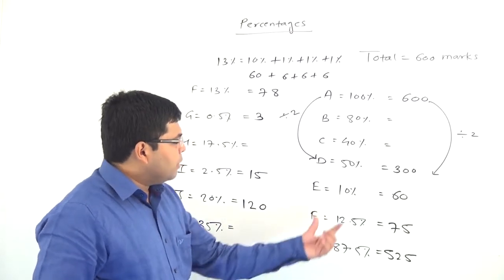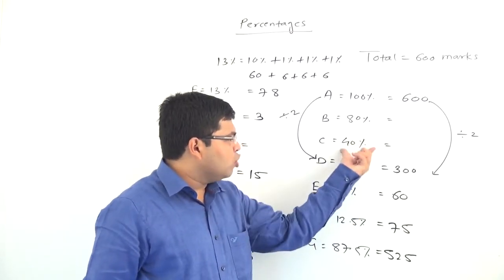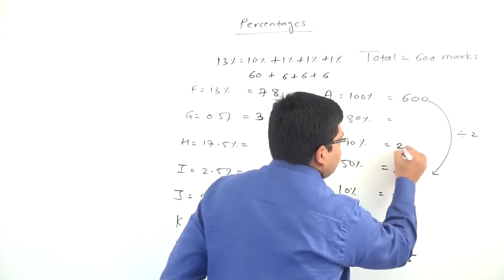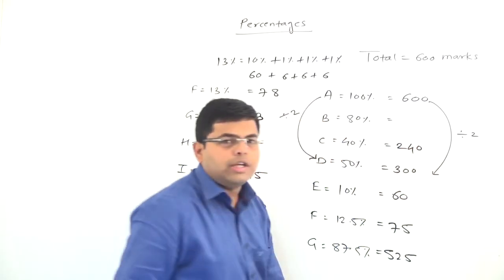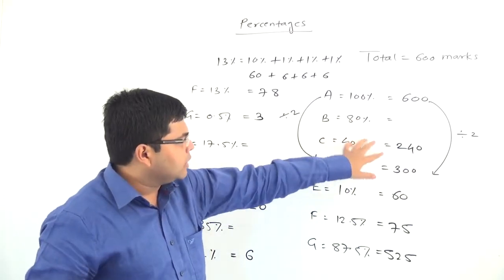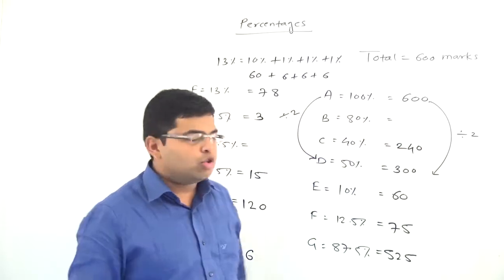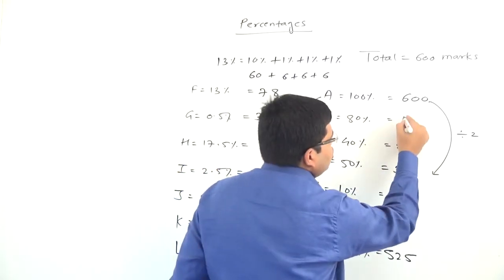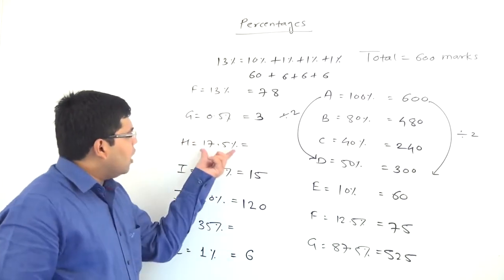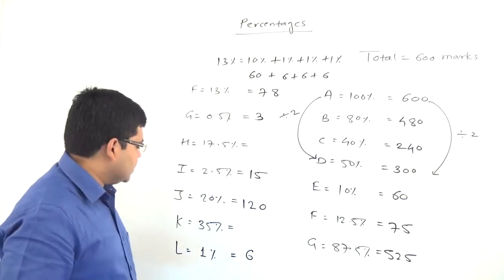Similarly, you multiply 10% by 4, you will get the value of 40%. So 60 multiplied by 4 will come out to be equal to 240, and you double 40%, double of 40% will be 80%. Similarly, you double 240, the value will come out to be equal to 480.